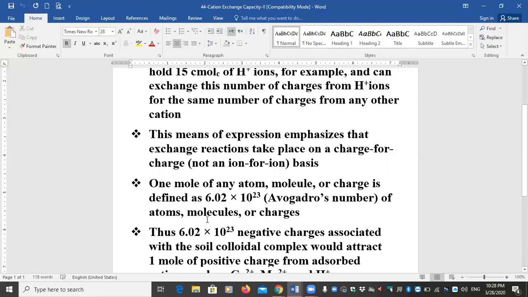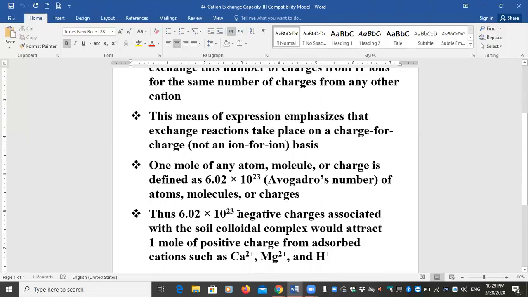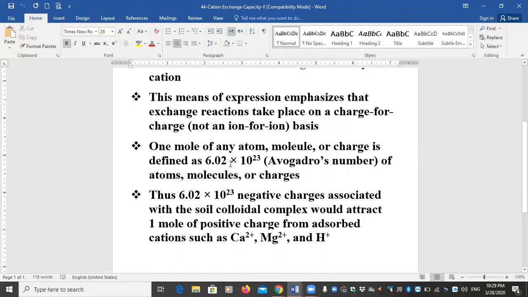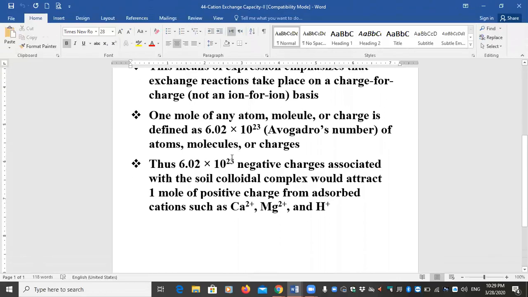If you have 1 mole of atoms, you have Avogadro's number of atoms. If you have 1 mole of molecules, you have Avogadro's number of molecules. If you have 1 mole of charges, you have Avogadro's number of charges. So no matter what you count, a mole of that entity will be Avogadro's number, which is this huge number.